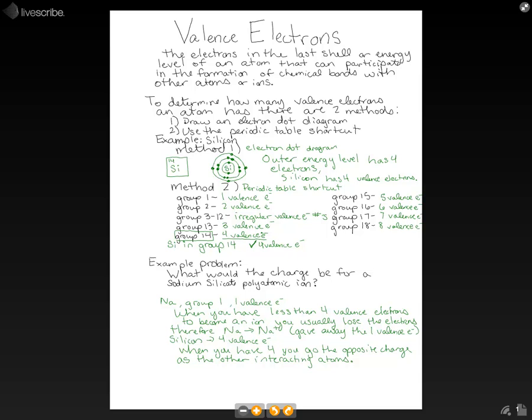Therefore, silicon goes to Si 4-. It gained 4 electrons.